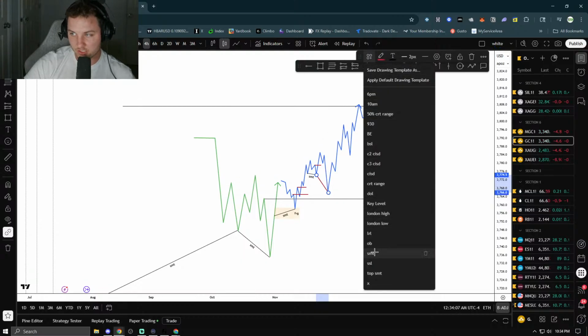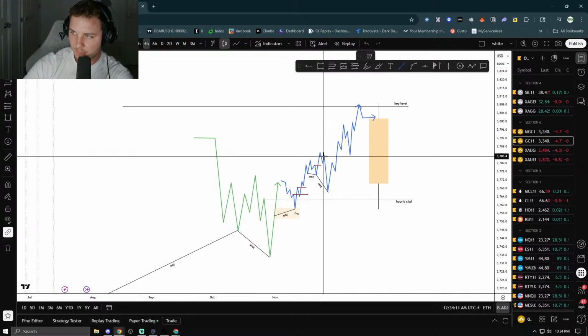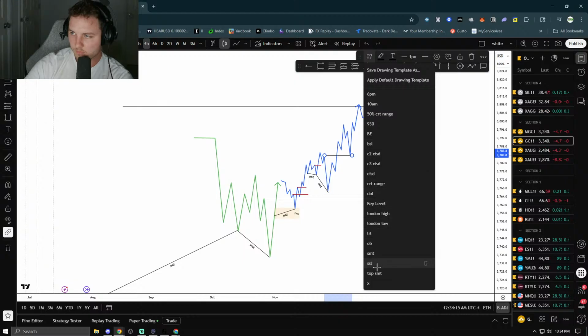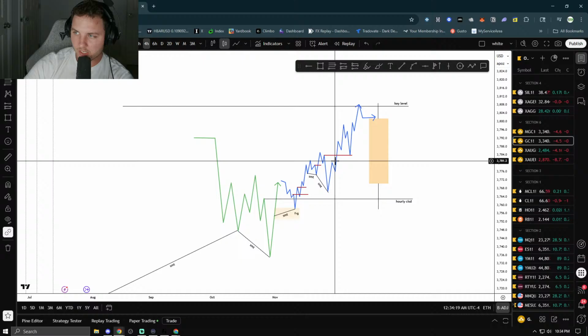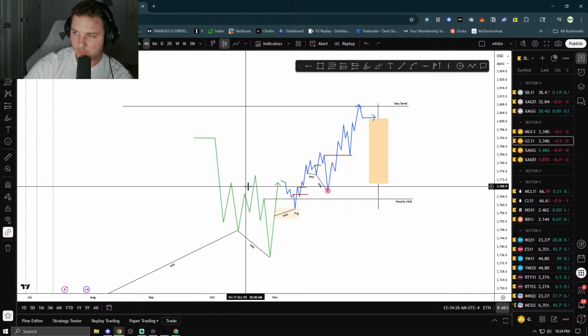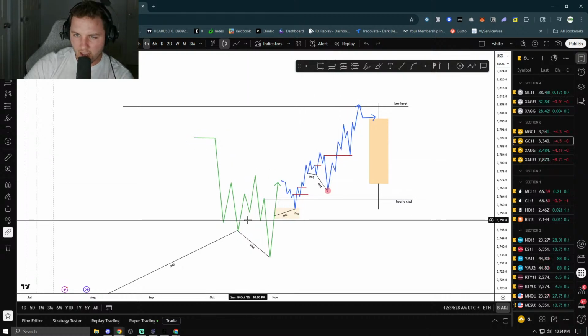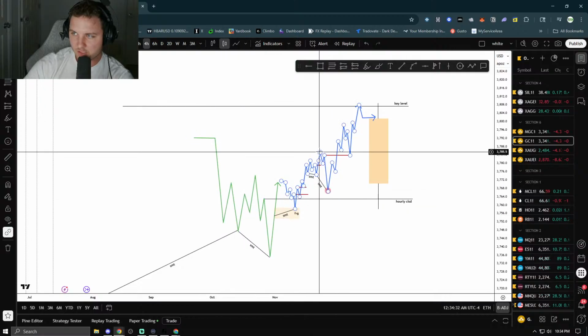So let's just say stage 2 or whatever internally. Get the CISD. Okay. So we have another what? Protected low. This right here is the same as this.